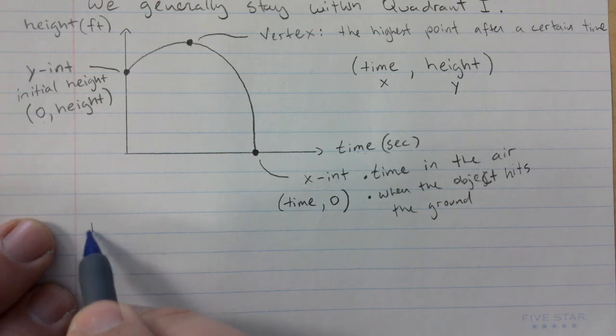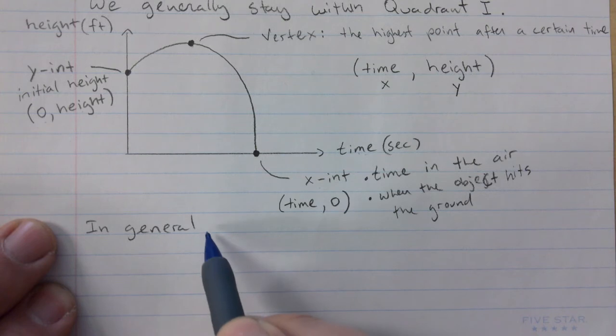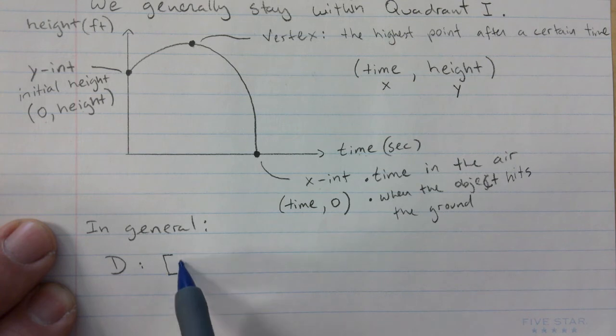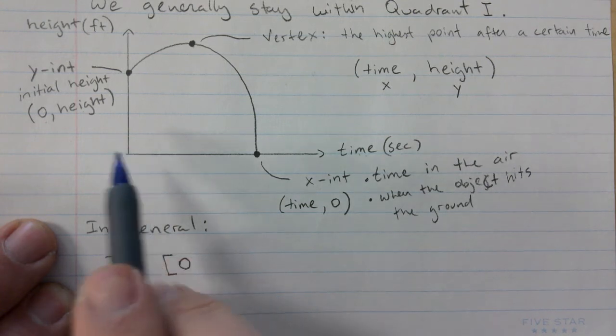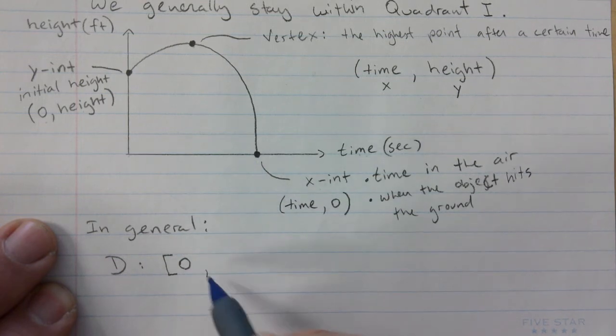In general, the domain is going to be from time 0, which is here, until you get to the x-intercept.